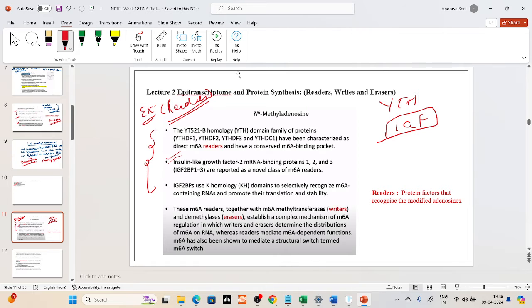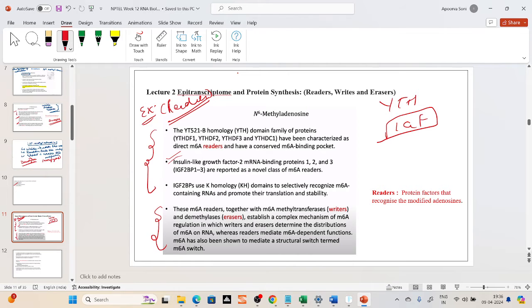Fine. Then these m6A readers together with the writers and erasers establish a complex mechanism of m6A regulation, in which writers and erasers determine the distribution of m6A on RNA, whereas readers mediate m6A dependent functions. And m6A has also been shown to mediate a structural switch termed the m6A switch.